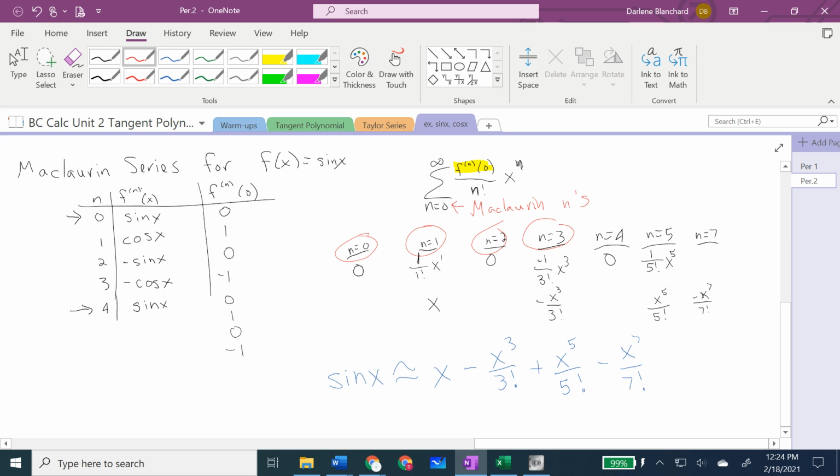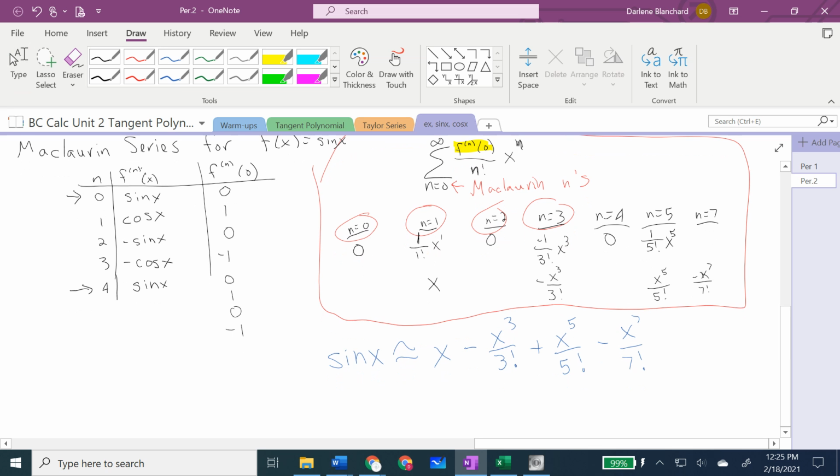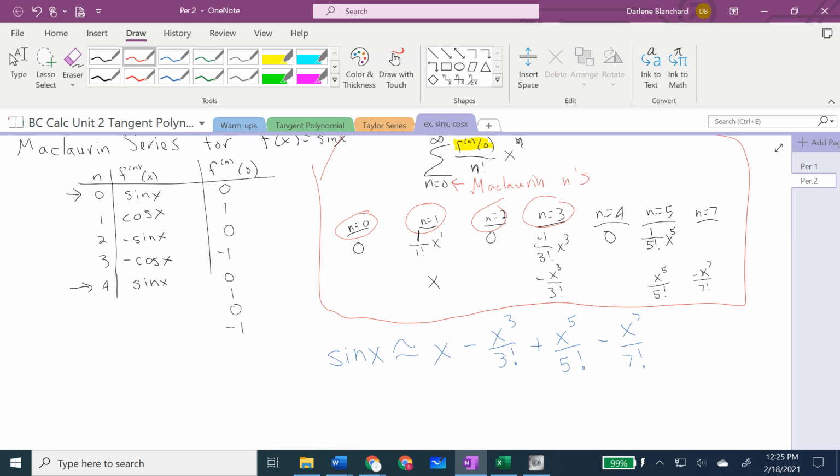When I come up with a formula for sin x and I use a sigma, I really don't want to have to use n equals 0, 2, 4, 6. I don't want to use the even n's. So what I'm going to do is basically take all of this and say that doesn't matter. And I'm going to restructure what n is, where it starts, and how it goes. So those Maclaurin n's are not the n's I'm using right now, and you have to understand that.